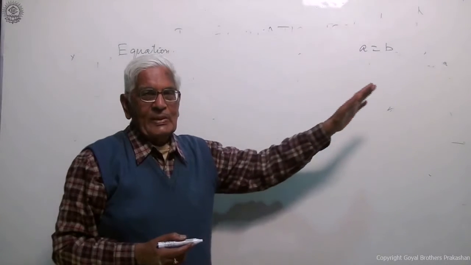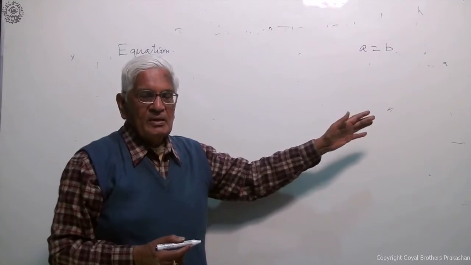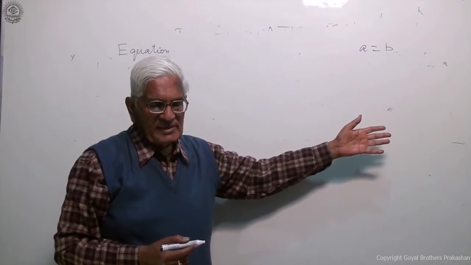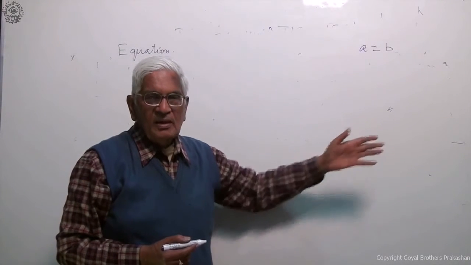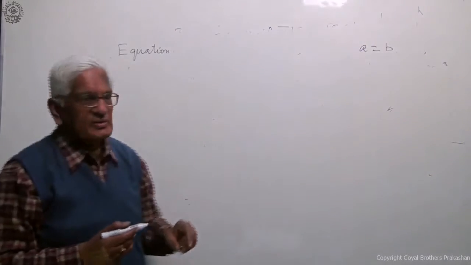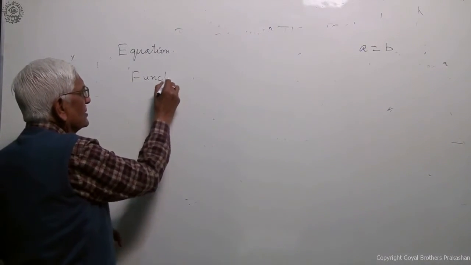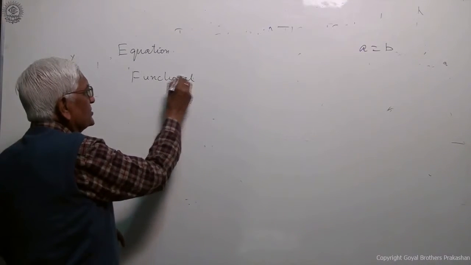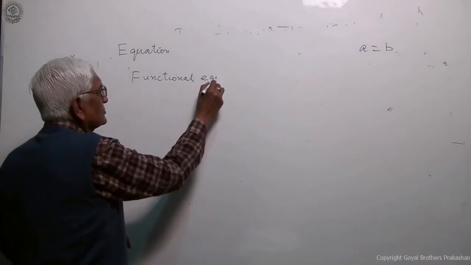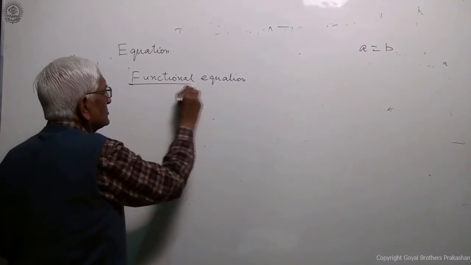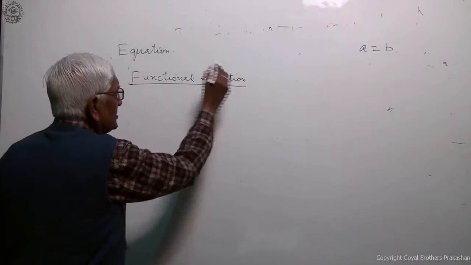Both the sides are equal. A is equal to B. Whatever is the value, if A is 10, B is also 10. That is an equation. But what we use in economics, what we called functional equation.